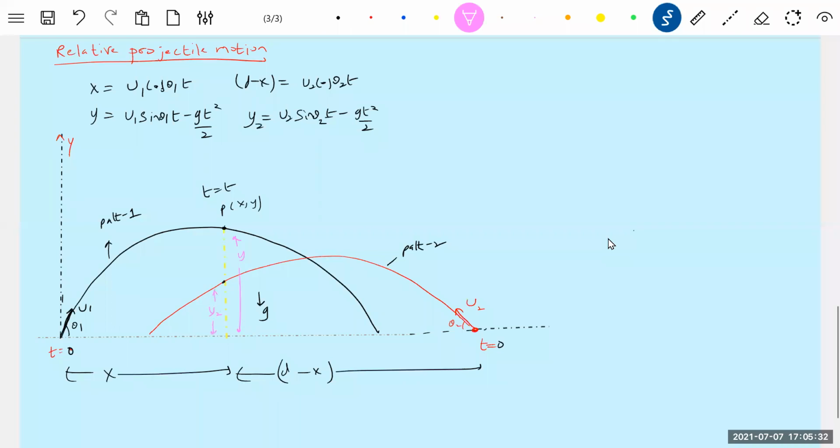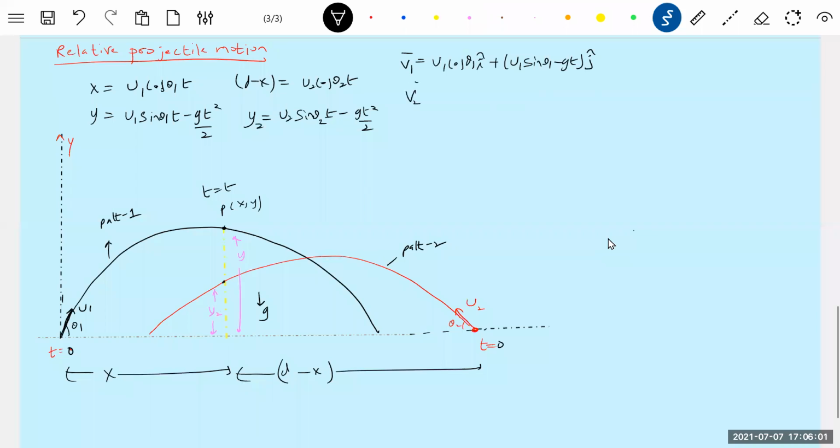Now this much is what we have here. Let me describe the relative motion. Let me define velocity v1 bar as u1 cos theta 1 i cap plus, directly I'm writing, the velocity of stone 1 at any time t.